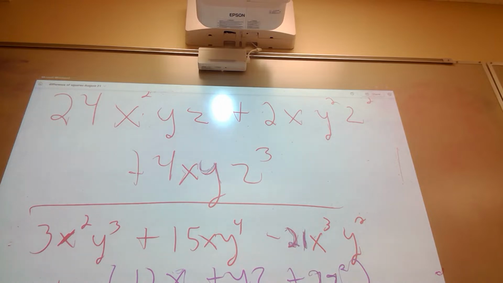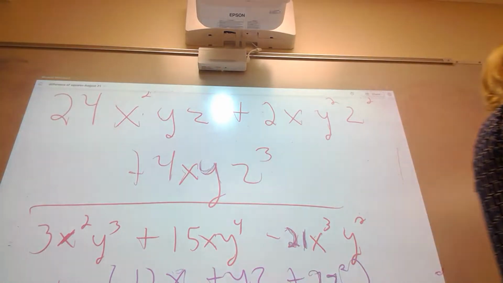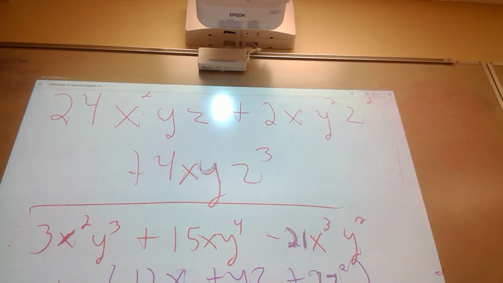So you look at what 3, 15, and 21 have in common, what factor. And then x squared, x, and x cubed, you pull out the lowest power of x. Y squared, y cubed, y to the fourth, you pull out the lowest power of y. Okay, now what do you have left in parentheses?